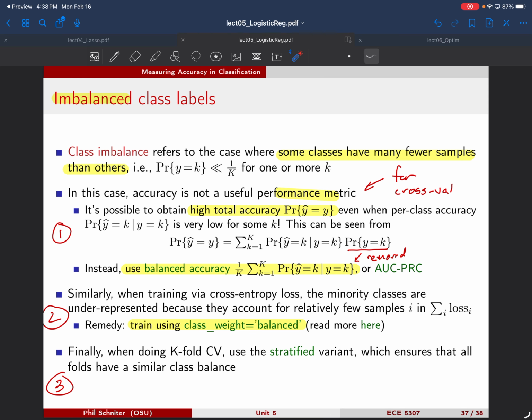There's a version of k-fold, a parameter you can use called stratified. When you do that, scikit-learn chooses the indices for the folds so that they all have the same class balance. It's not like some folds have way more or way less minority samples than other folds. Okay, so these are the three main things you do if you want to handle imbalanced classes well.